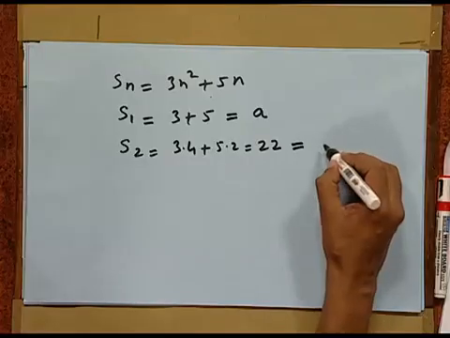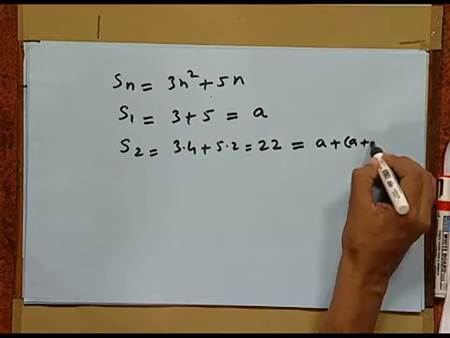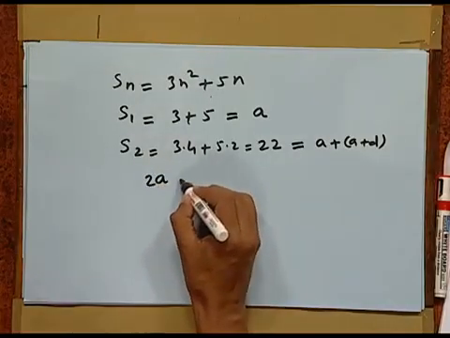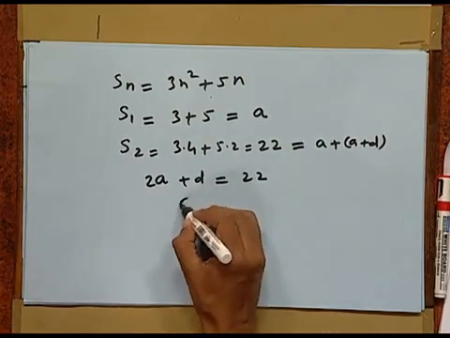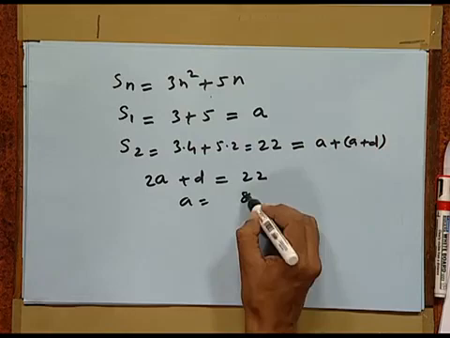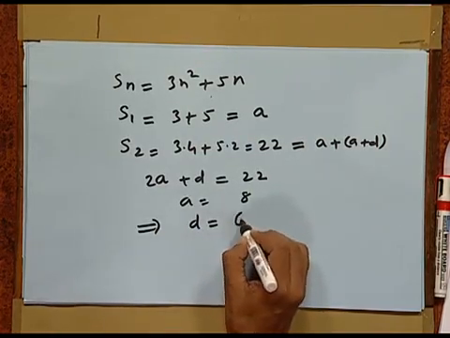And this is nothing but first term plus second term. Thus we have 2a plus d is equal to 22, while a is equal to 8. This gives d is equal to 6. And now we know both a and d, we can find the whole thing about the series.